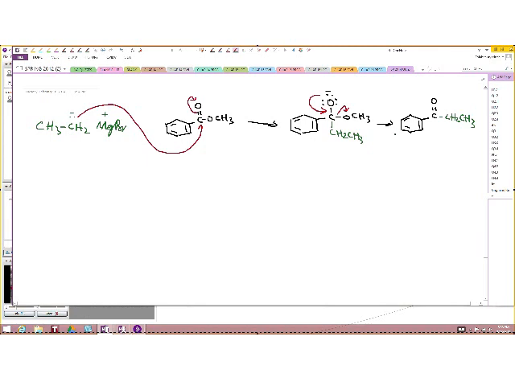A ketone, right? Okay. What do we say about reaction of a ketone with Grignard? It gives you a tertiary alcohol.